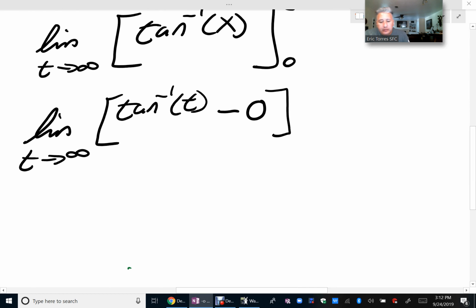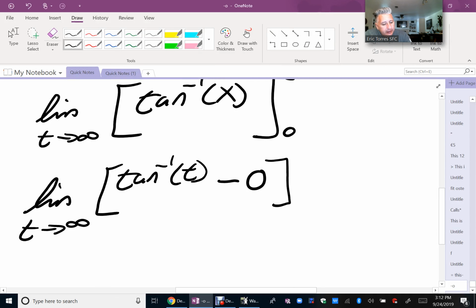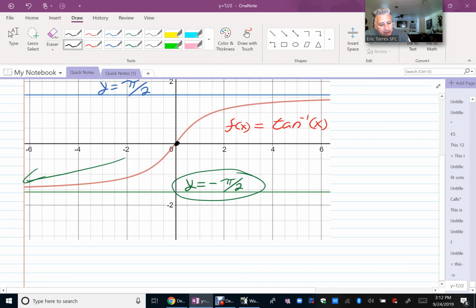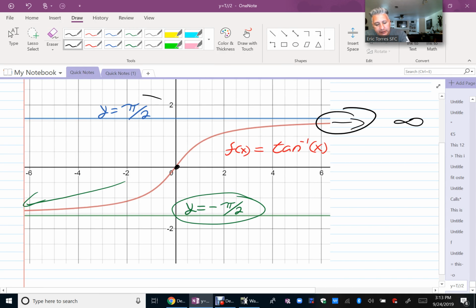Now, all I need to do is take the limit of the arctangent as t goes to infinity. Let's bring that graph back up. Going to positive infinity means I'm going in this direction, and arctangent is getting closer and closer to the boundary pi over 2.